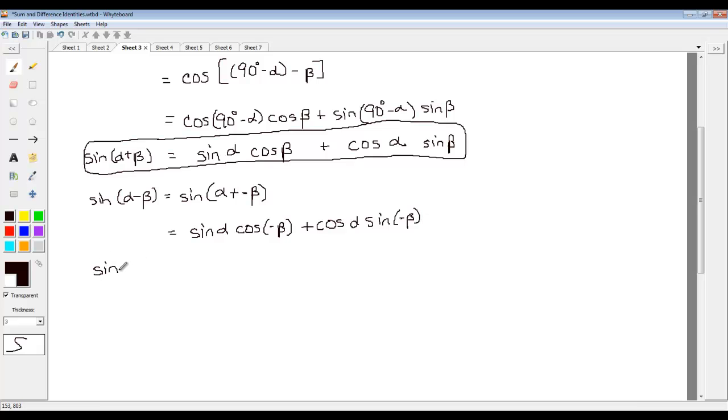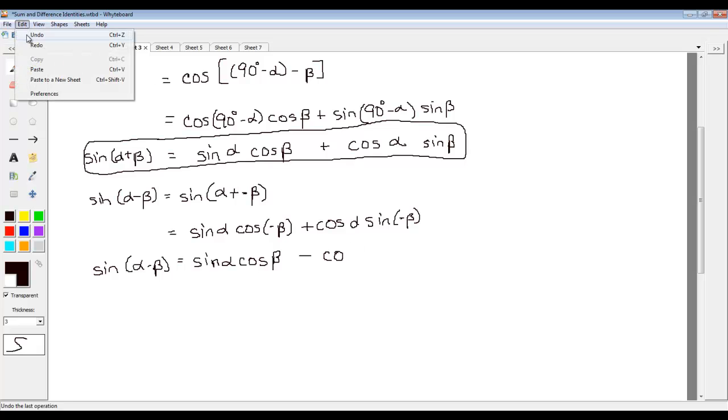So sine of alpha minus beta: sine alpha, cosine of negative beta is the same thing as cosine beta. Then over here, sine of negative beta is the same thing as minus sine of beta, so we'll change that plus to a minus. And let me rearrange the order a little bit. Let's write the sine of beta first, cosine alpha. It doesn't matter, but I wanted to do that to show you.